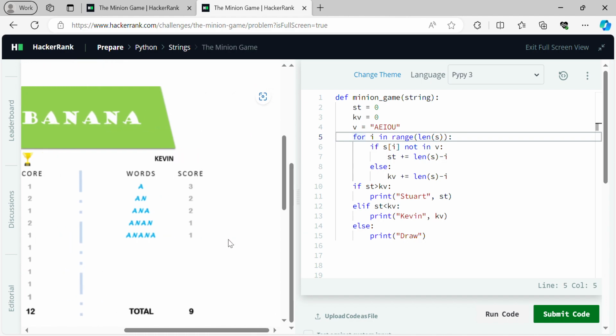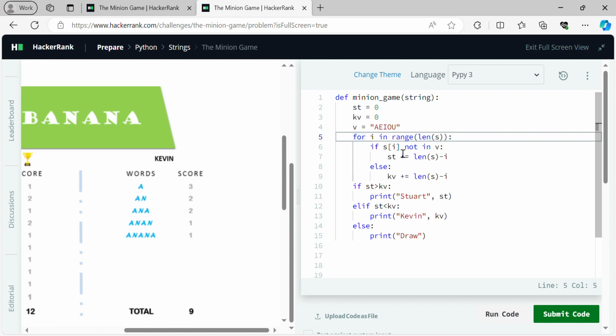So 5 is one count, and here also a is there, 3 is there, 8, and finally the last a is there, 1. 8 plus 1 is 9. In this way we can calculate the substrings, and according to that I am writing the code.